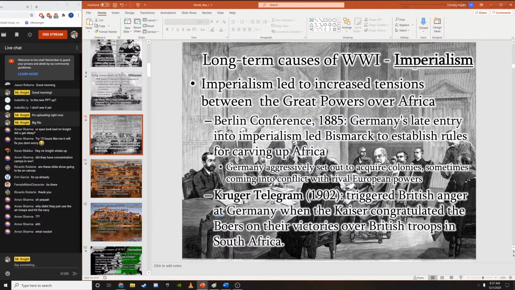But Germany becomes like the Paul of the neighborhood of Europe. Okay? Germany is just really aggravating, really antagonistic, really provoking other people for really no good reason other than they can.